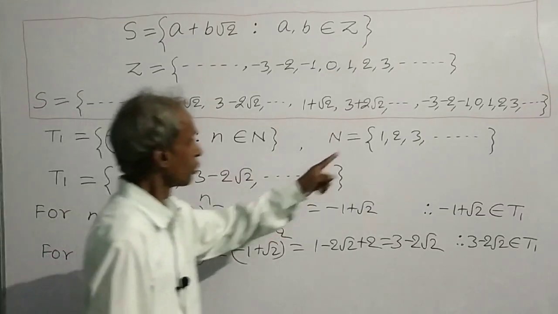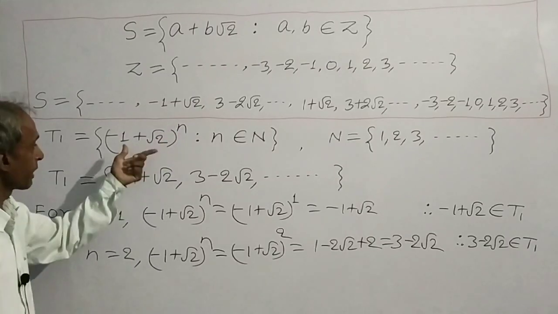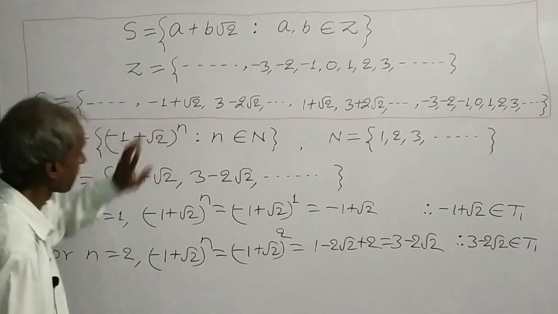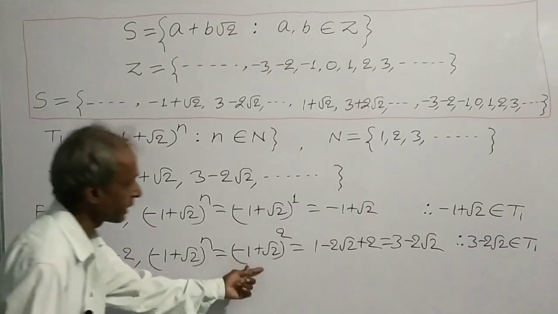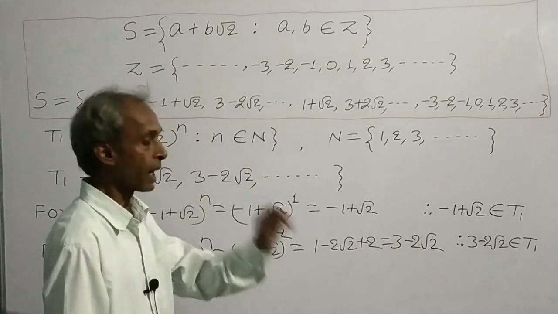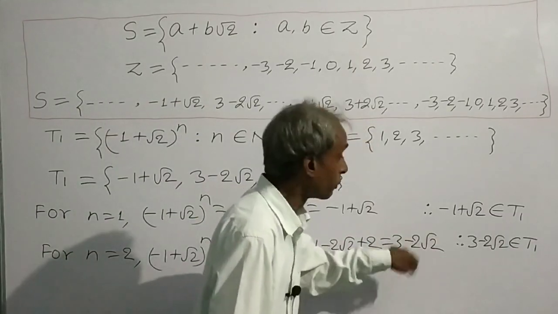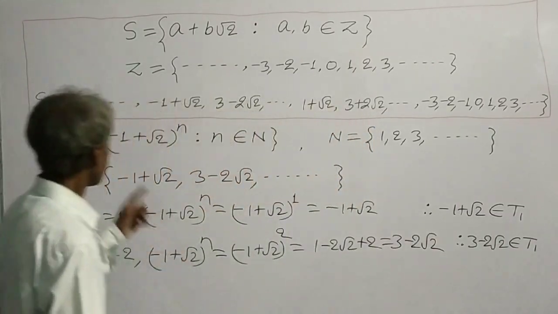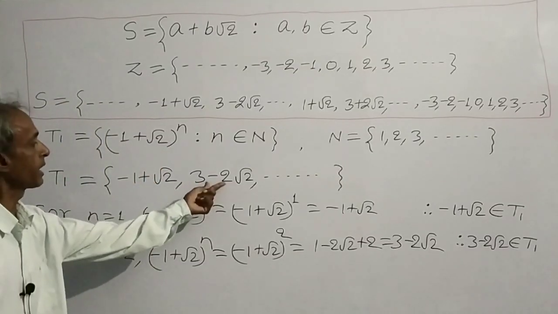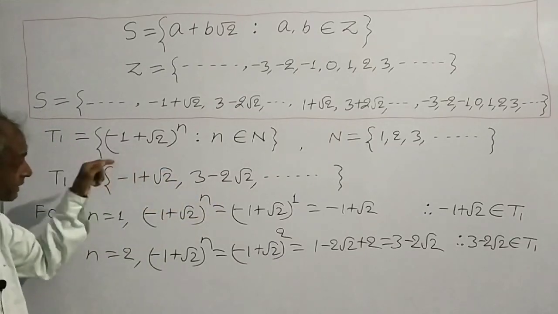When we put 2 in place of this n, then the value of (-1 plus root 2) to the power n will be equal to 3 minus 2 root 2. That means 3 minus 2 root 2 will be present in this set T1.